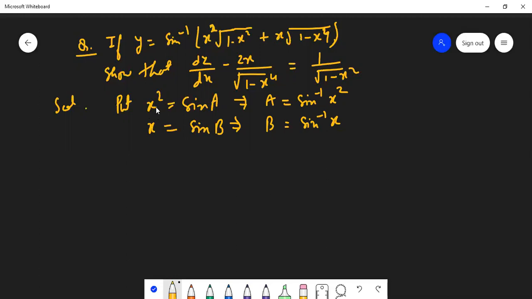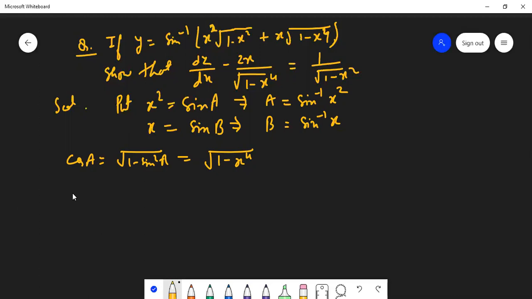Next, if I have x squared equal to sine A, can I find the value of cos A? Cos A will be the square root of 1 minus sine squared A. So it is the square root of 1 minus x squared squared, so 1 minus x to the power 4.